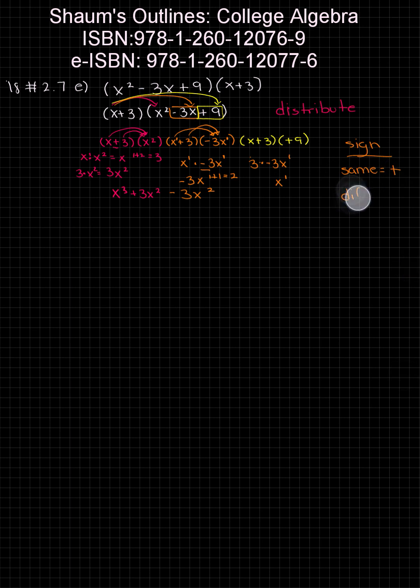If they are different, I get a negative. So this here, if you don't have a sign, it's an imaginary positive. We always assume positive. So plus and minus are different, so my answer is going to be negative. And 3 times 3 gives me 9. So I get minus 9x to the 1.